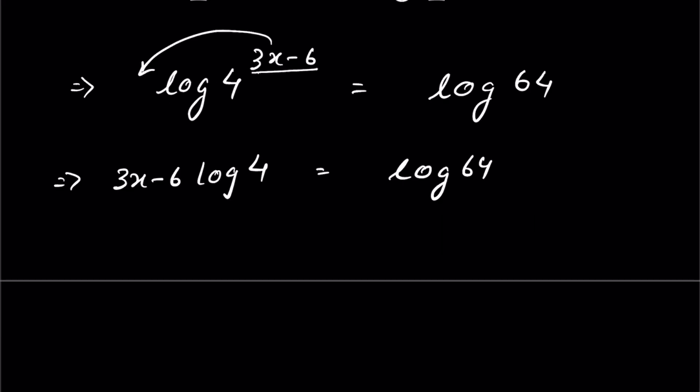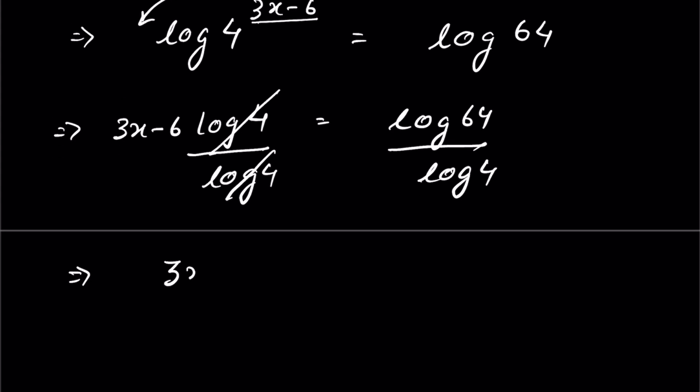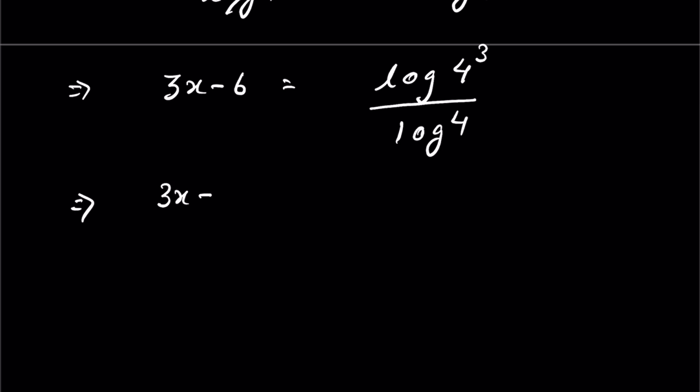Now let's divide both the sides by log 4. So this and this get cancelled. So 3x minus 6 is equal to, now log 64 we can write as log 4 raised to the power 3, upon log 4, or 3x minus 6 is equal to, again this will be 3 log 4, the exponent will come here, upon log 4.